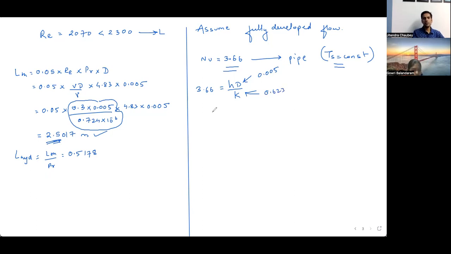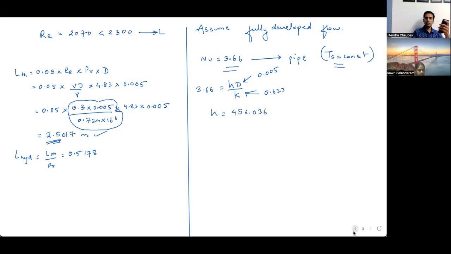Tell me what is h? h comes 3.66 times 0.623 divided by 0.005, which is 456.036.